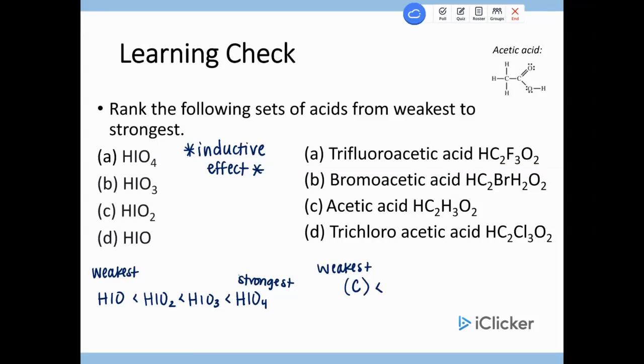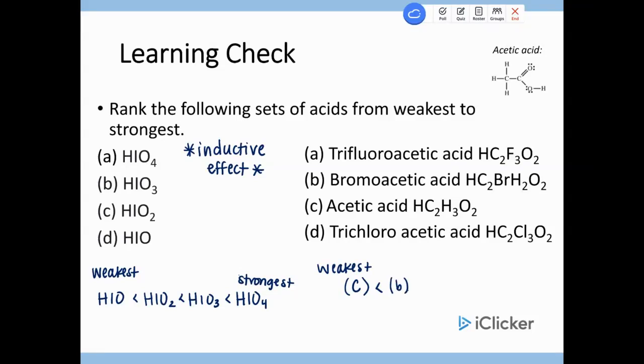So we're thinking about fluorine versus bromine versus chlorine. Bromine is the least electronegative. It's the lowest on the periodic table. If you were to look at the periodic table, fluorine, chlorine, and bromine are all halogens, but bromine is in the lowest row. So that's the least electronegative. And in molecule B, we only have one bromine, whereas in A and D, we have 3 chlorines or 3 fluorines.